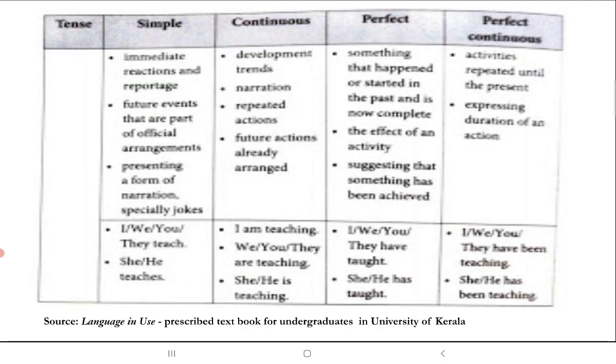Then coming to perfect continuous: activities repeated until the present, and expressing the duration of an action. They have been teaching, she has been teaching for an hour, like it is going on, we don't know when it will end. I hope with the examples the idea is clear.